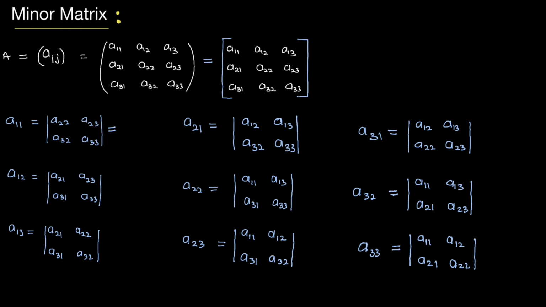So the determinant will be A33 times A22 minus A32 times A23. That's how you find the determinant. That times that minus that times that. For this one as well, that times that minus that times that. That's how you find the determinant of that matrix.